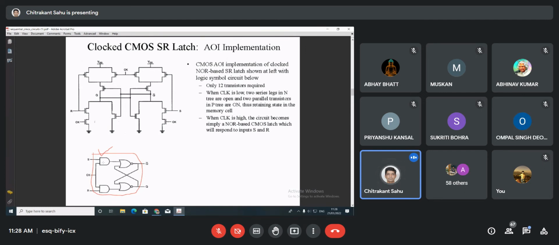R and clock are connected to one circuit, and another one is connected here. So R and clock are introduced here. Here also we need to add another, and we need to add one PMOS here.